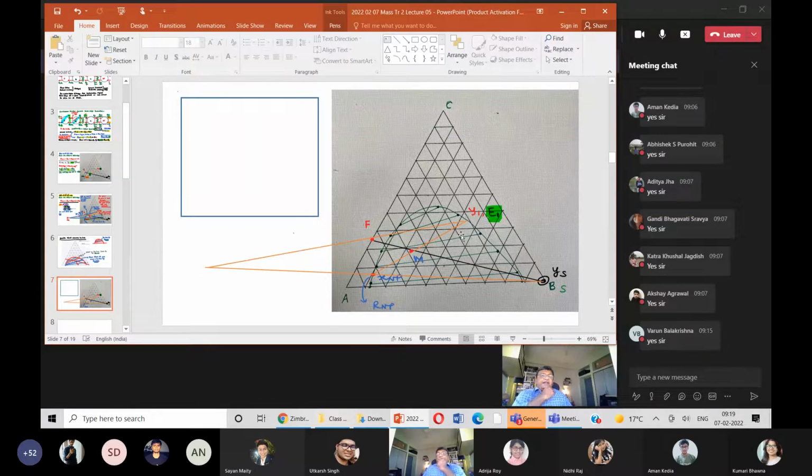But after drawing the difference, the other thing is this: from this tie line data or from this dome, can we generate an equilibrium plot, X versus Y plot?